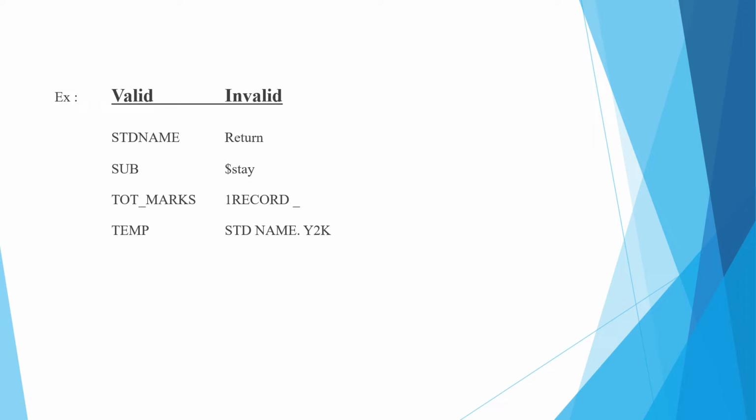The invalid ones are return, dollar symbol string, 1_record, underscore std name dot, and y2k. These are some of the invalid identifiers.